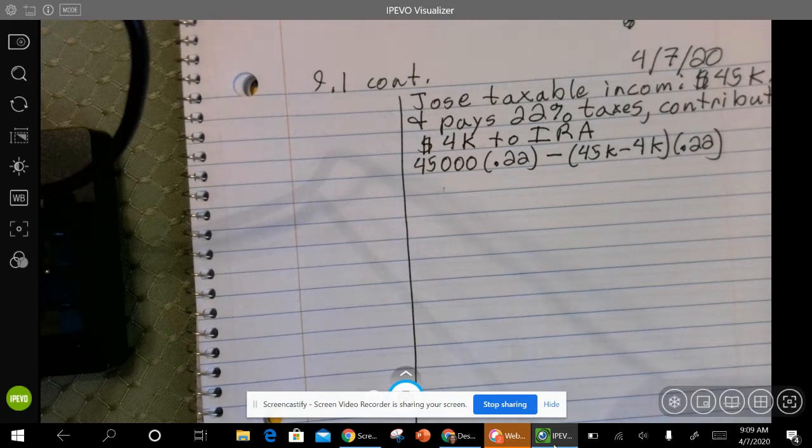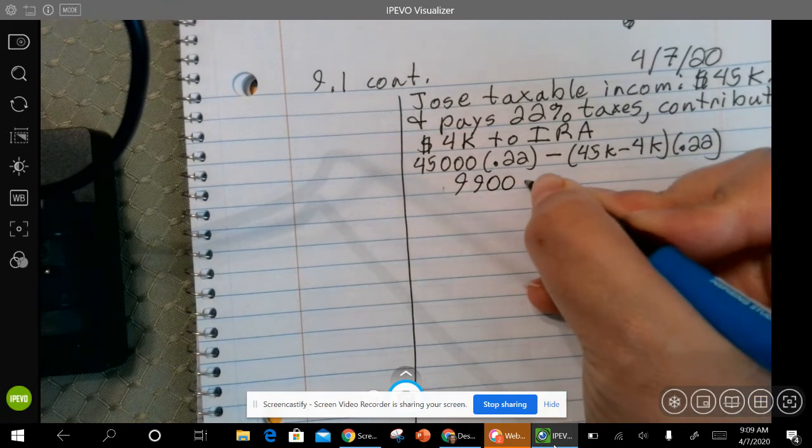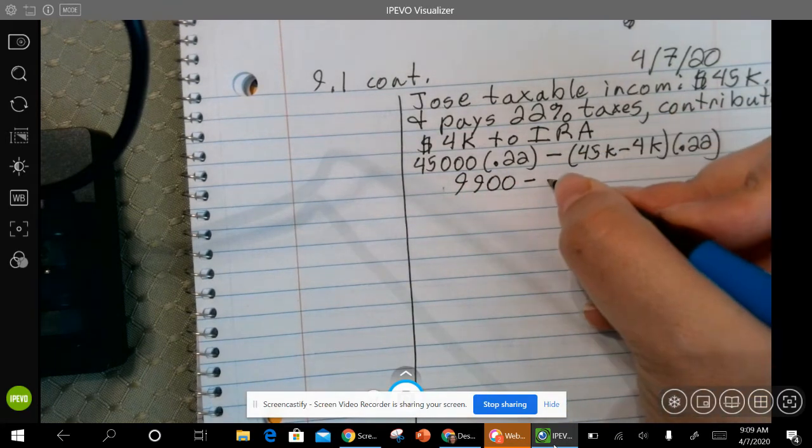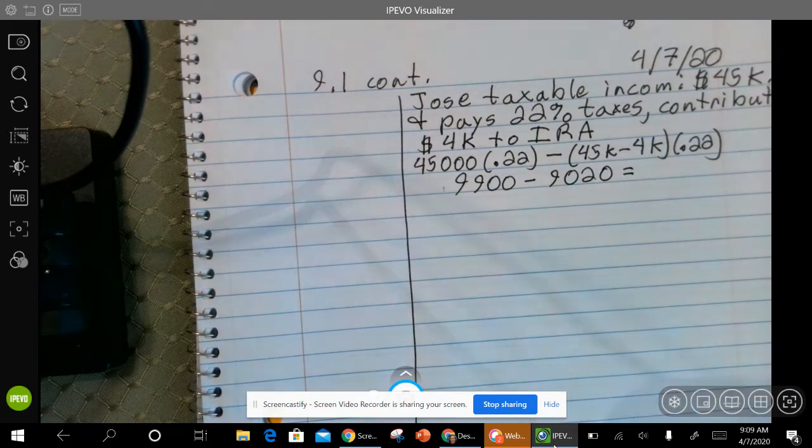We don't have the table, so we're having to use the percent that we have. So we're going to get 9,900, and then it's going to be reduced to $9,020.